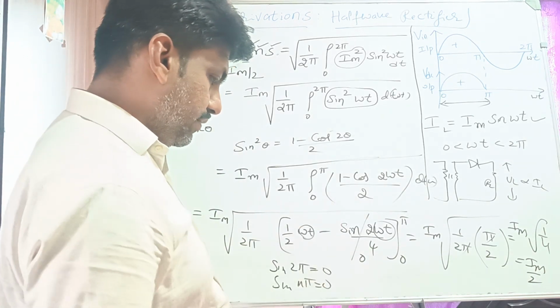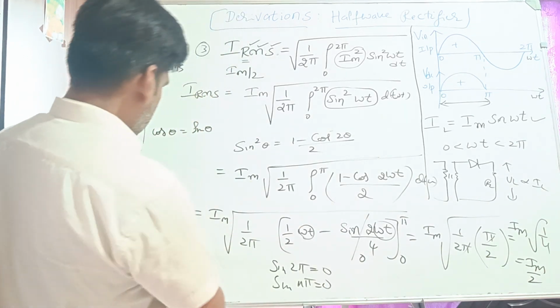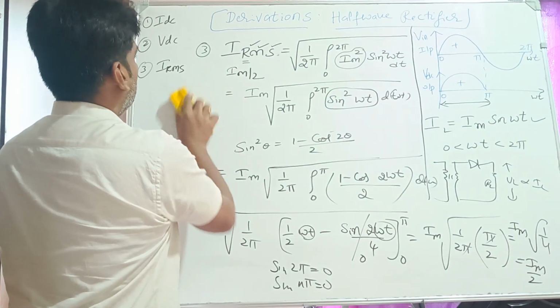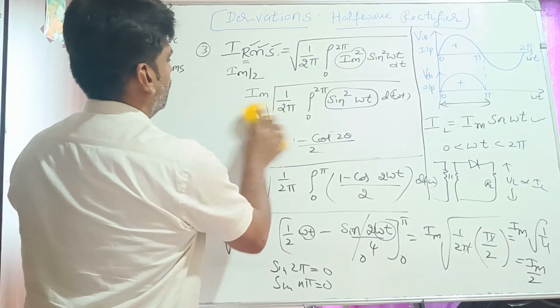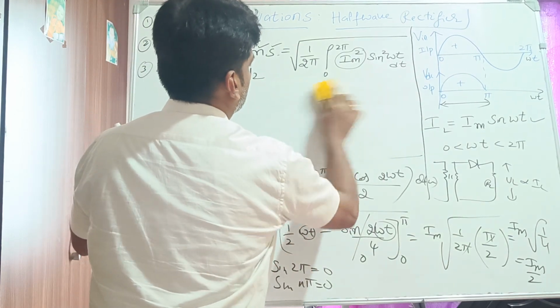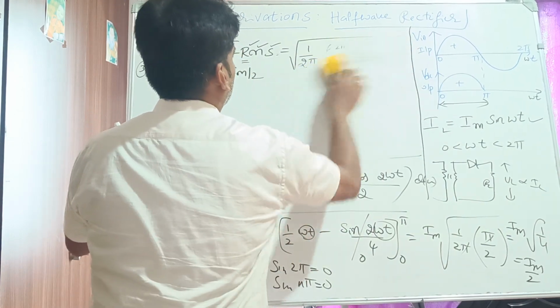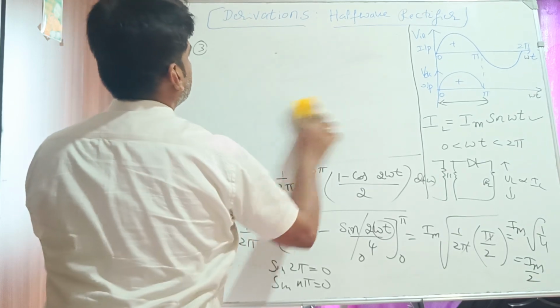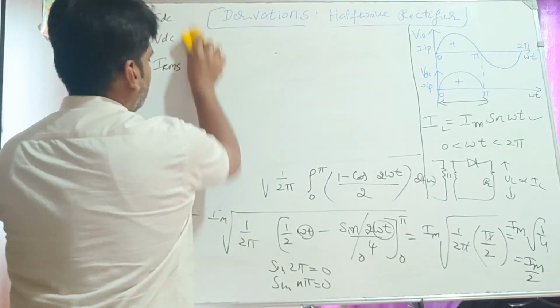Then after that, we will calculate what is efficiency. To calculate efficiency, now we want the power output as well as power input we should get. That is called power output as PDC and power input as PAC.